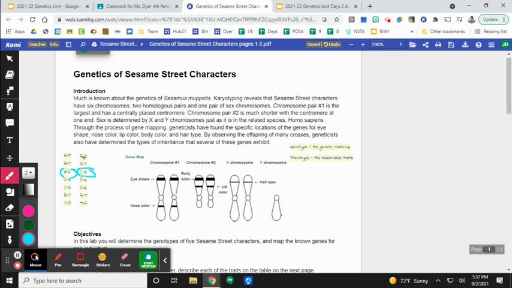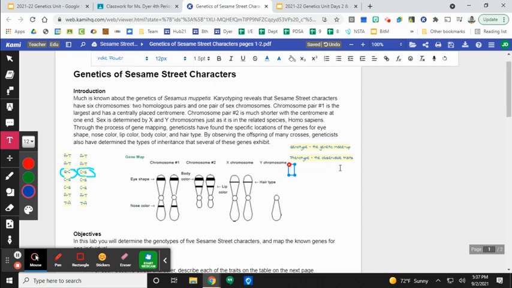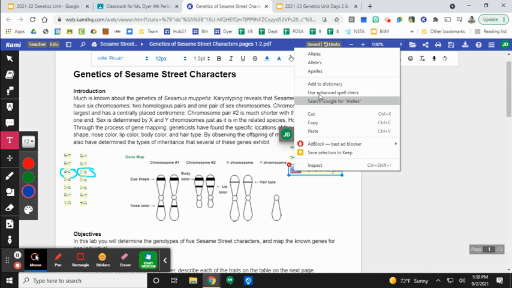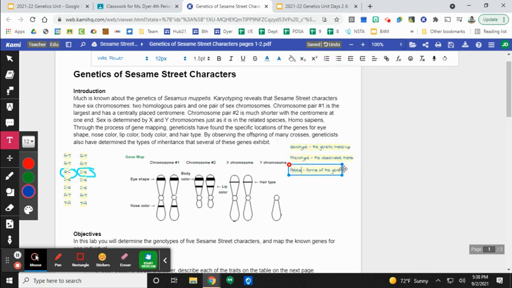And so these are two different forms of the gene, and we call those alleles.